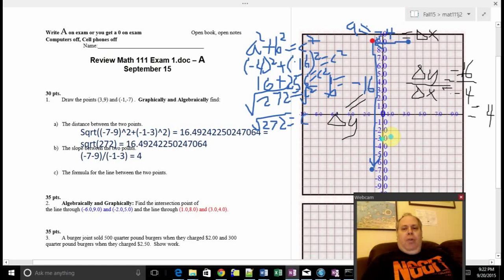Let me go make sure to check. One of the checks on my work is to make sure it'll lead me back to the other point. So I'll go over 1, up 4 again. Over 1, up 4 to 5. And if I go over 1, up 4, that leads me right to the other point. So these points line up and make a nice little line.